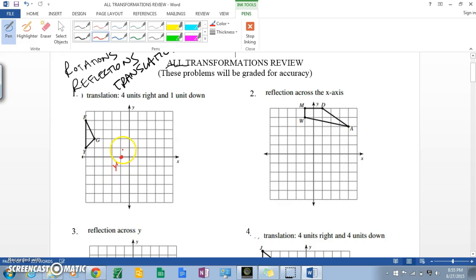So this is my new image. G, 4 units to the right, 1 unit down. I'm going to label that G prime. And then F, 4 units to the right, 1 unit down. F prime is going to go here. I should connect my points.